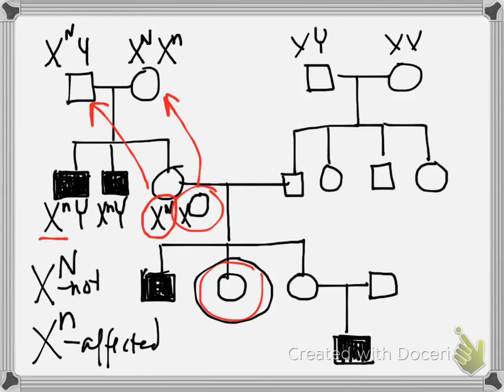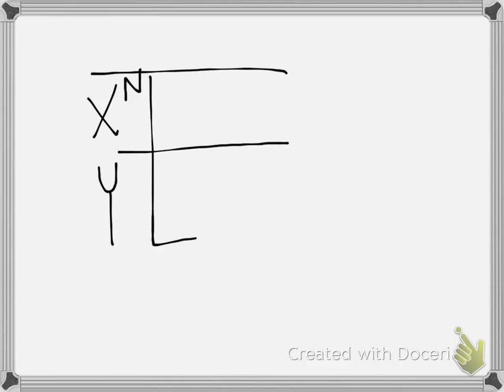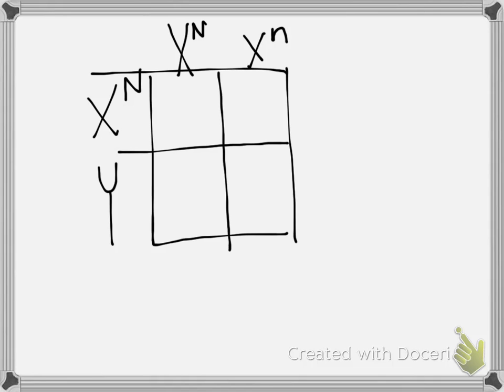There are two chances for her to pass on an X. Let's do a Punnett square for this. So if we know that dad is X big N Y, and we know that mom is X big N X little n, for figuring out the possible genotypes for the daughter, we don't even have to do this, because we know she didn't get a Y from her dad.